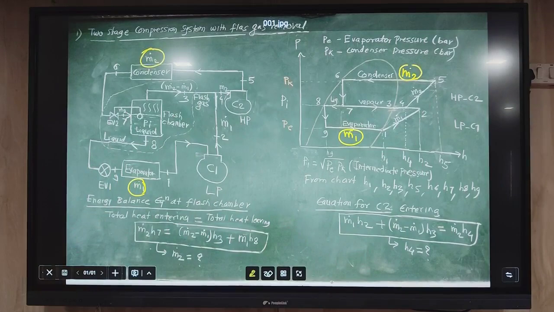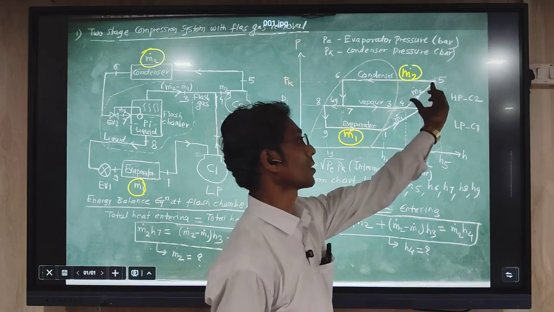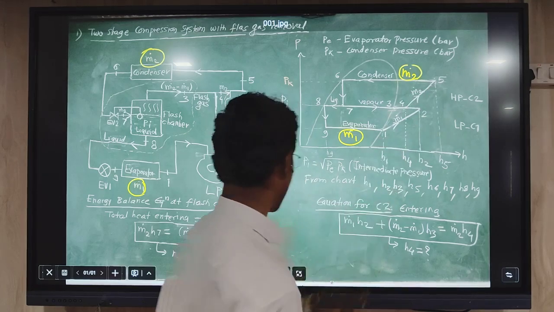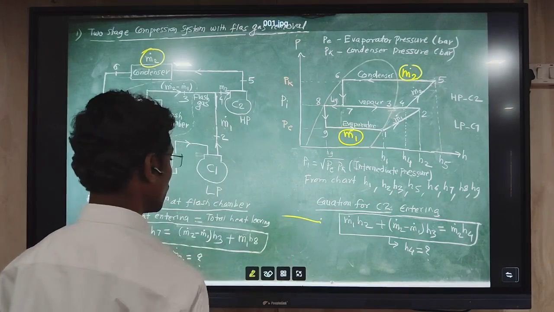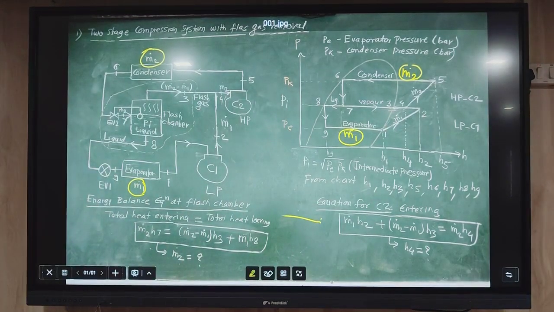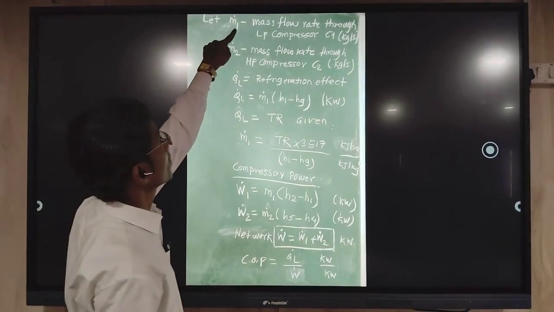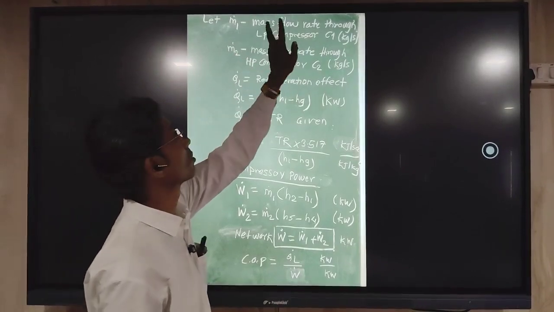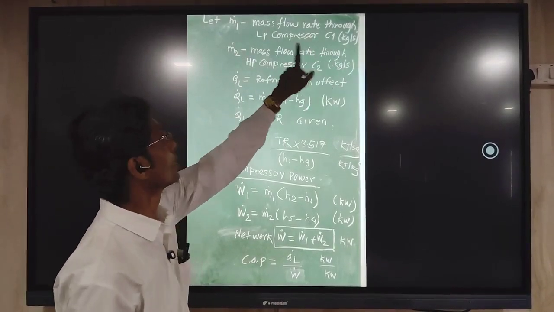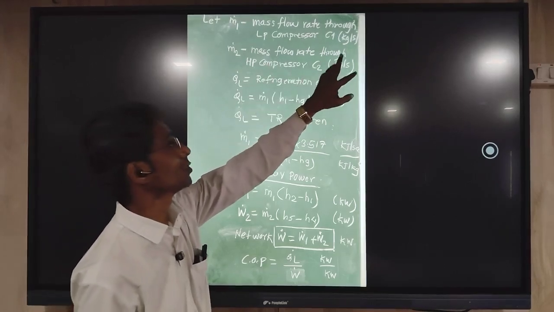Now we will use this to write the formula for compressor work done 1 and compressor work done 2. For that, we will see the next slide. m1 dot is the mass flow rate through the low pressure compressor C1. m2 dot is the mass flow rate through the high pressure compressor C2.